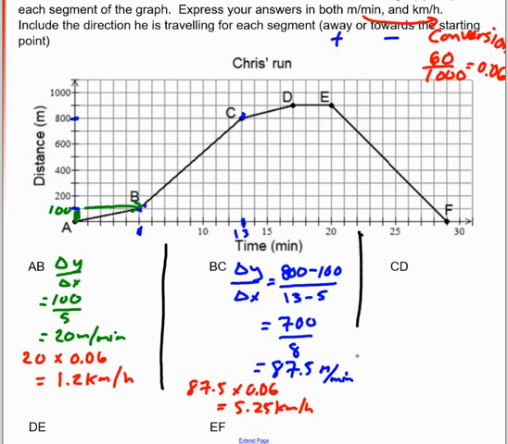Okay, and that's a big part of his run right there. So, all right, CD is a very small segment there. Maybe he's getting tired. Notice that not so steep, that's slow. More steep is fast, and less steep is slow again. We talked about that last lesson.